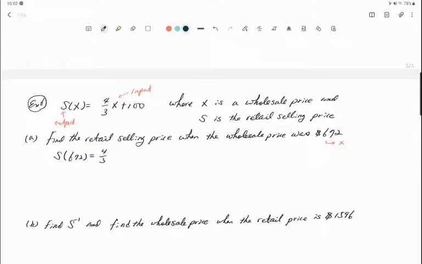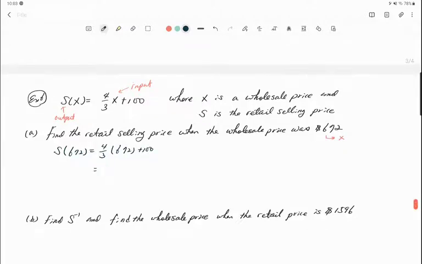So we can replace this x with 672. Then this one comes with 896 plus 100. So the retail price will be $996. Okay, that's the retail price.